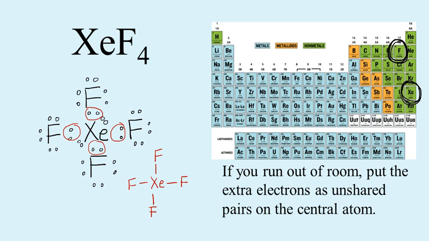That's going to have those 2 unshared pairs on the xenon. And so this is another case of having an expanded octet. Xenon, as it turns out, does not have 8. It seems to have 12 total electrons. And the fluorines, of course, all have 8. And so here are a few examples and rules that you can use to tell when the octet rule might not be followed.